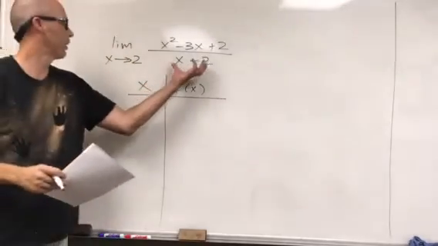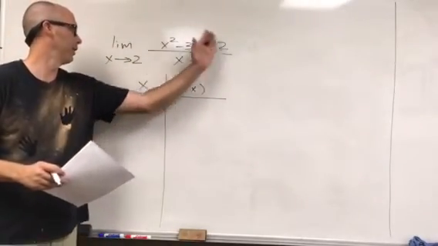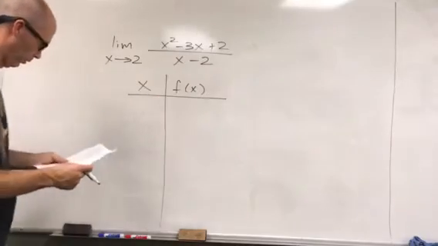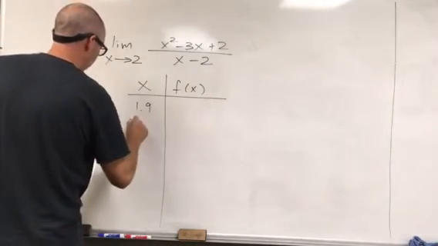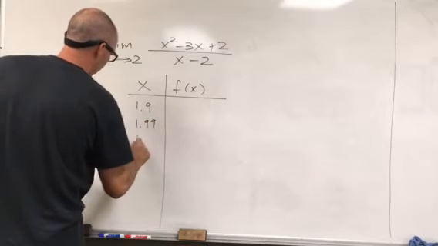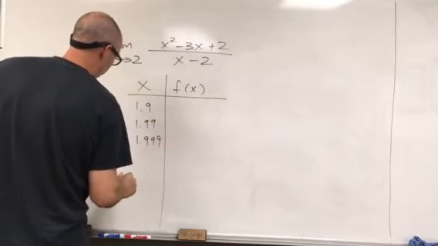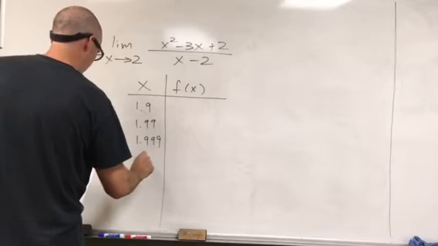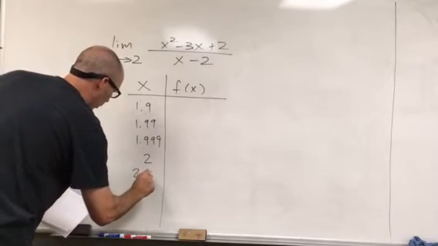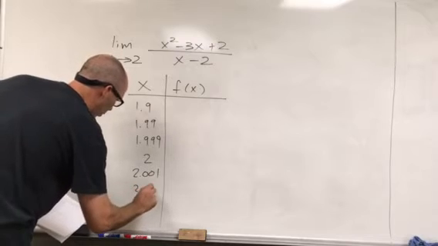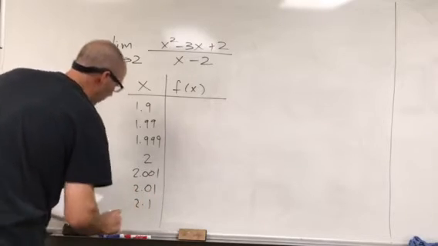Okay, I'm calling this function f of x. So we have x values 1.9, 1.99, 1.999, 2, 2.001, 2.01, 2.1.